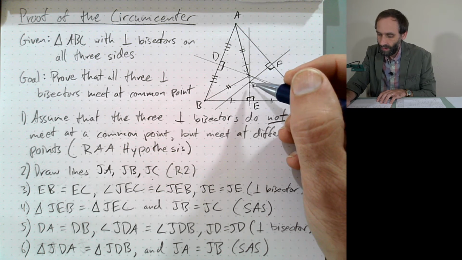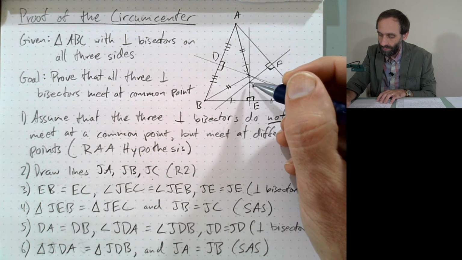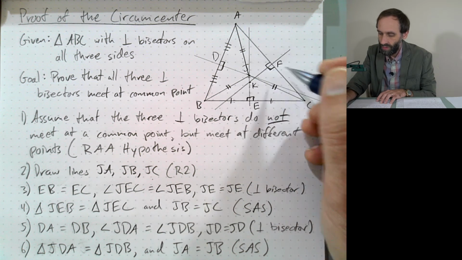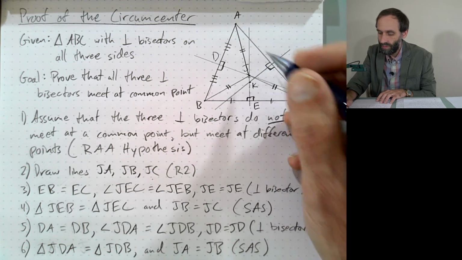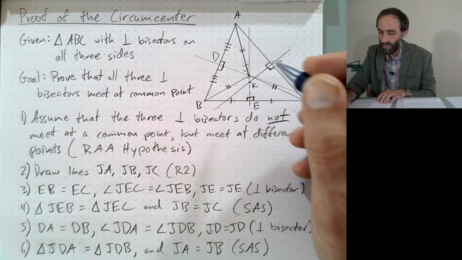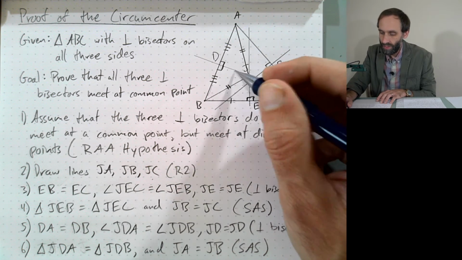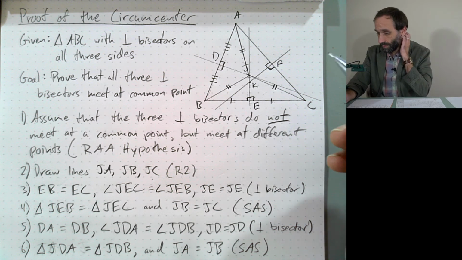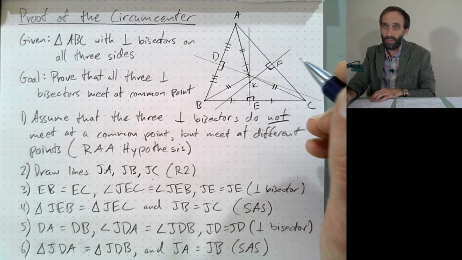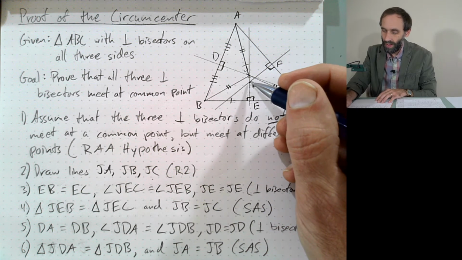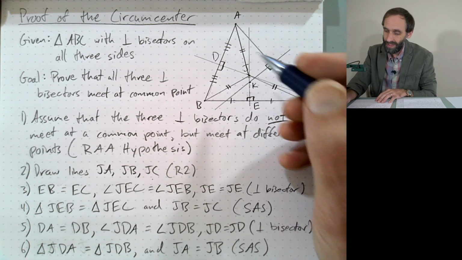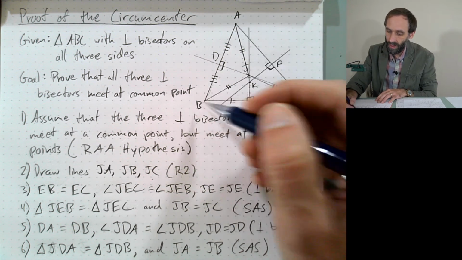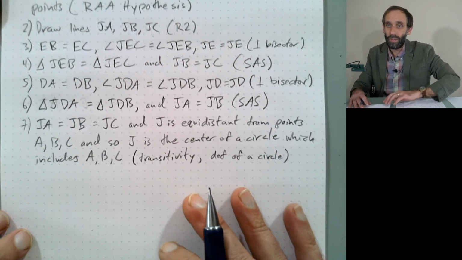So with K, I would have had to use these triangles here and these two triangles and these two triangles, like this one and this one. With J, I use this triangle and this triangle. But I can use similar steps to show that the point K would be the center of a circle, including the points A, B, and C.